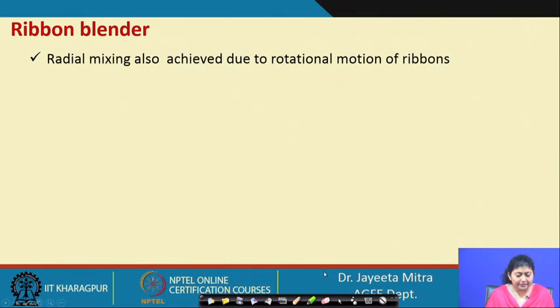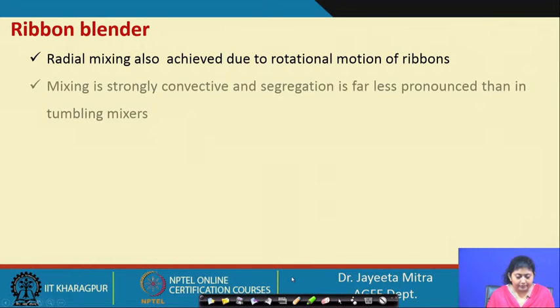Now, radial mixing is also achieved due to the rotational motion of the ribbons. That is, mixing is also done in the radial direction, associated with the movement of the ribbons. Mixing is strongly convective and segregation is far less pronounced than in tumbling mixers. So, it helps in proper mixing; segregation is not there.